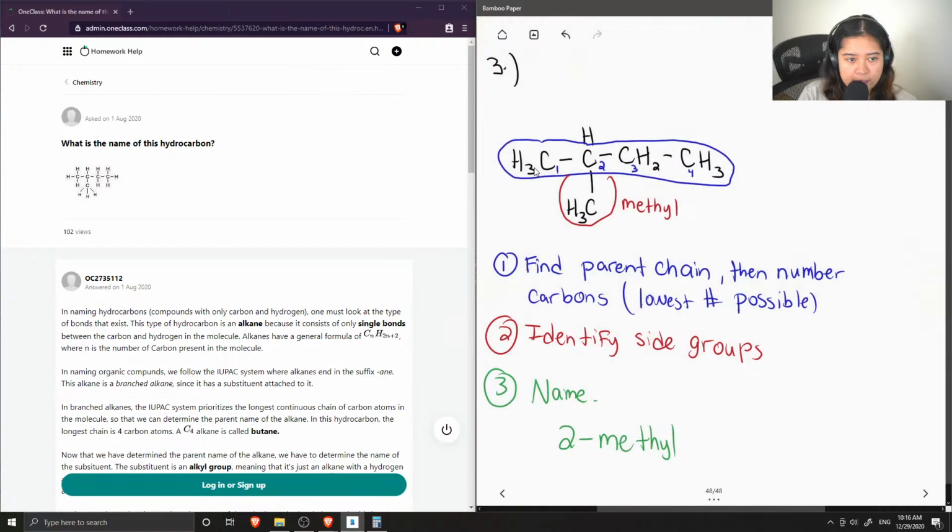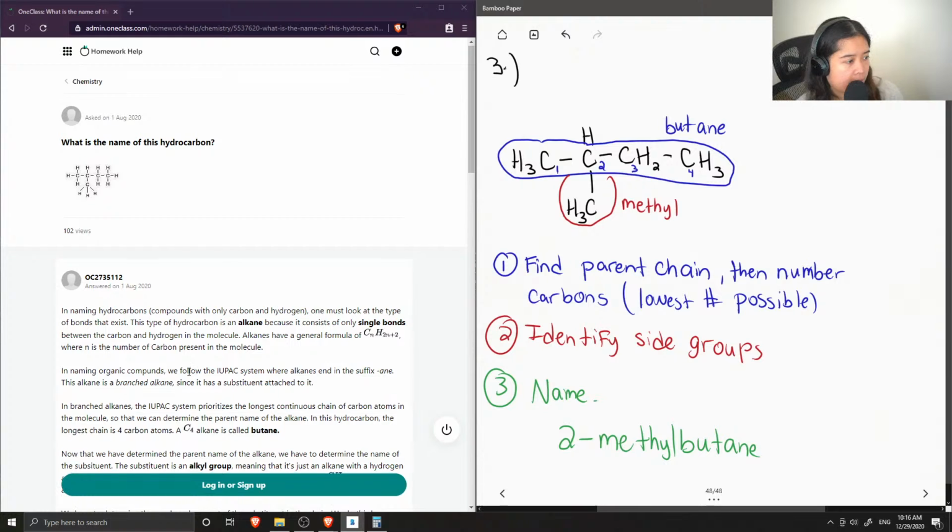So since the parent is a 4-carbon chain, everything is single bonded, we're going to use the root name butane. So this name is 2-methylbutane. Okay, so let's see what the junior tutor said.